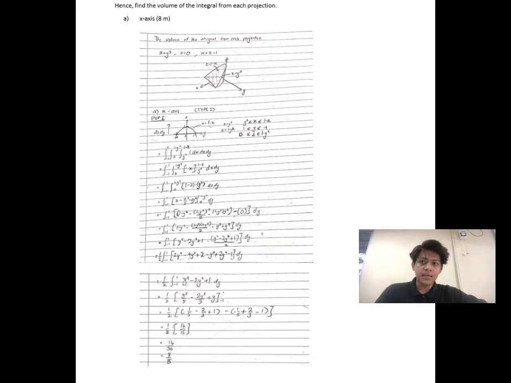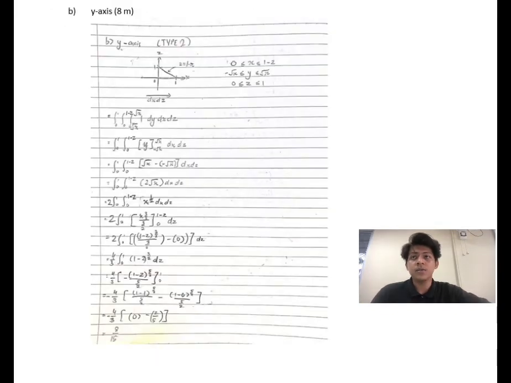Okay, next we move to question B. Here we need to find the y-axis. If you want to find the y-axis, we use type 2. The range is different from the previous question, so we need to find the new range.